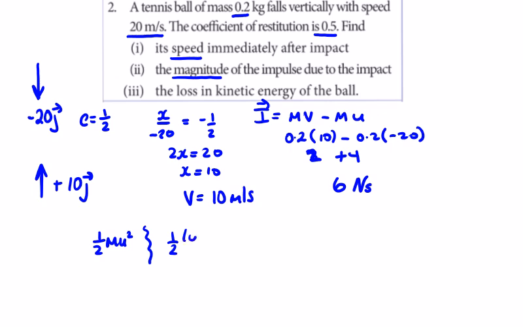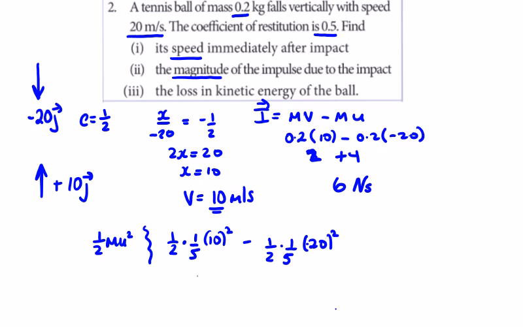And the loss in kinetic energy, so my half mu squared is going to be a half times 1 over 5, which is 0.2, times u squared. Afterwards is 10, so 10 squared, minus a half times the mass of a fifth times the velocity beforehand, which was minus 20, squared.